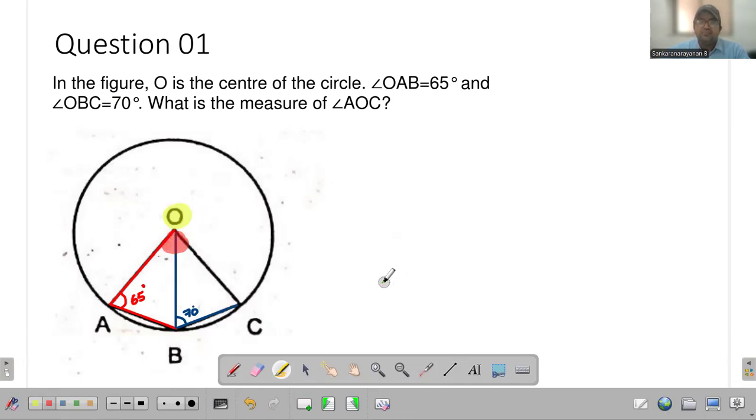Now, it's given that O is the center of the circle. Point A, point B, point C, they all are lying along the circumference of the circle. So, can I not consider that OA will be equal to OB?